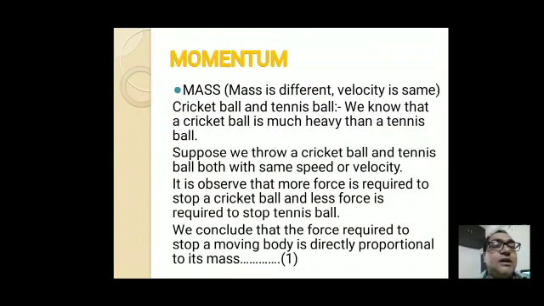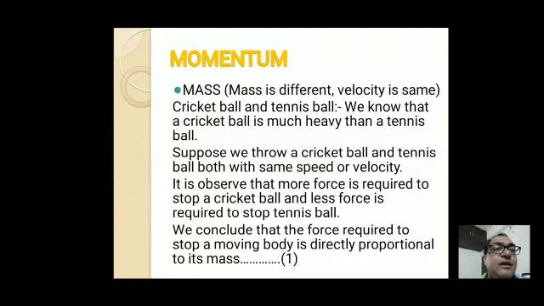Students, understand this momentum. The first concept is with mass: we have to take two objects whose mass is different but velocity is the same. Let's understand it with this example. Let's take a cricket ball and a tennis ball.